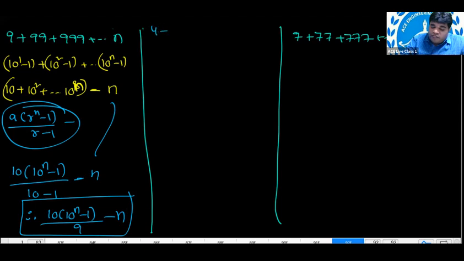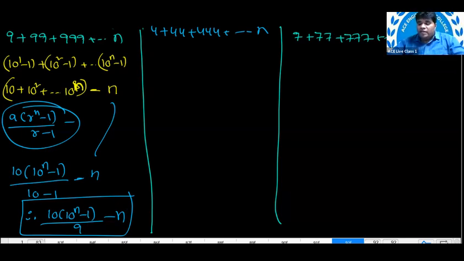But the present first GATE question is 4 plus 44 plus 444 up to n terms. 4 written as 10 minus 6, 44 as 10 square minus 6 is wrong. That's why I want compulsory nines.